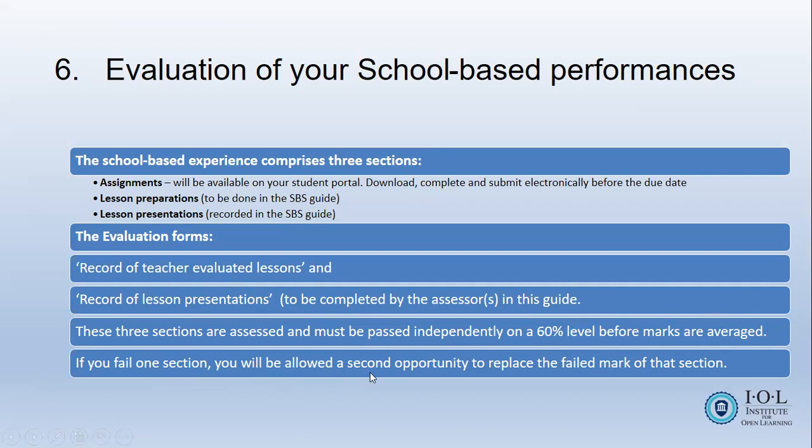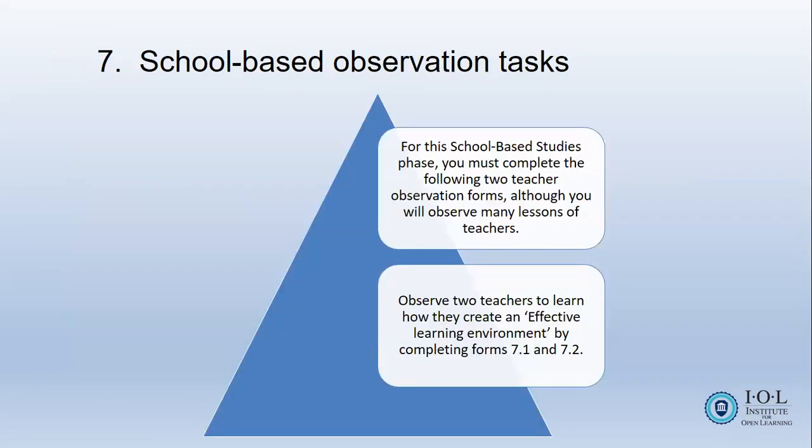If you fail one section, you will be allowed a second opportunity to replace the failed mark of that section, but you will just get a 60%. You will not get 1% more than 60%.